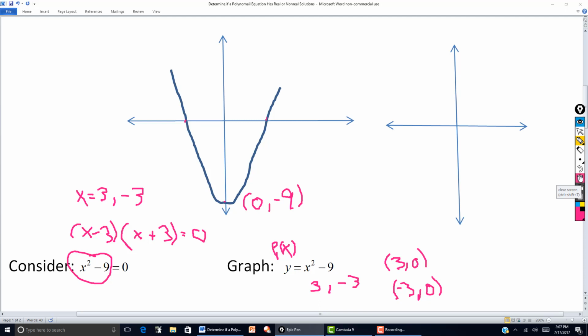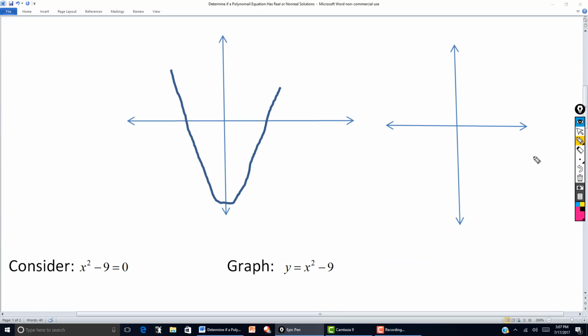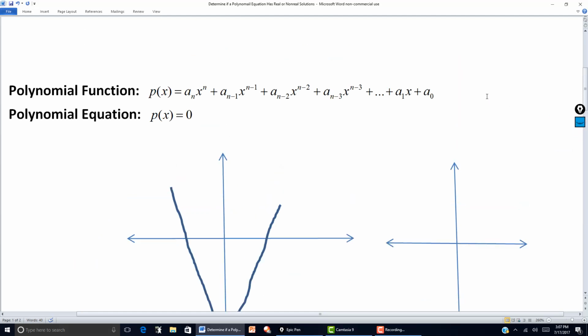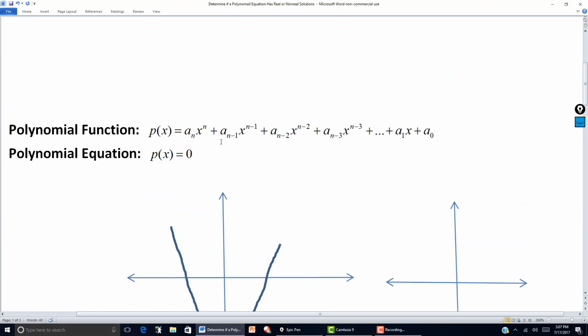The other thing I want to point out to you when you're dealing with a polynomial function is that the degree of the polynomial, which in this case is n, tells you how many zeros to expect. So if it's degree n, you expect to have at most n distinct zeros.